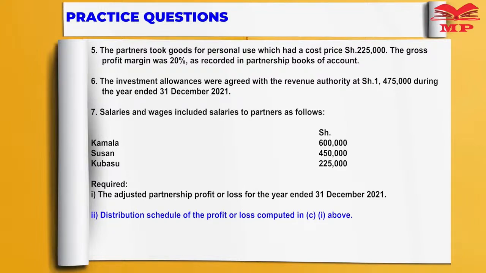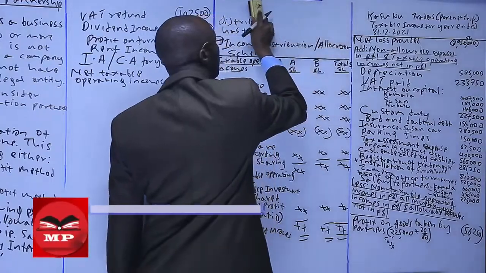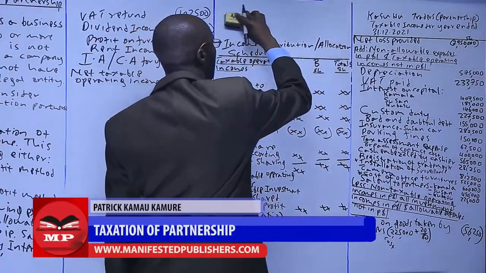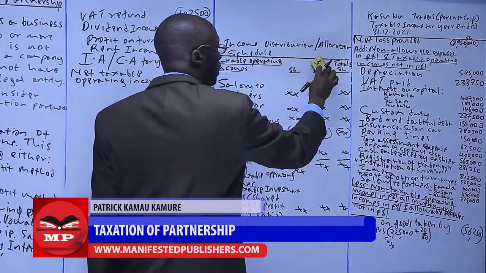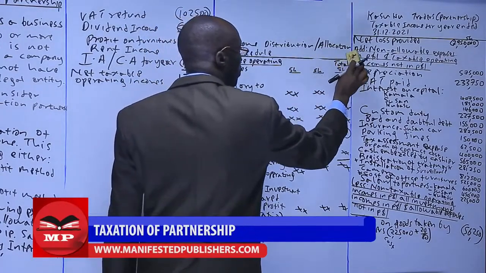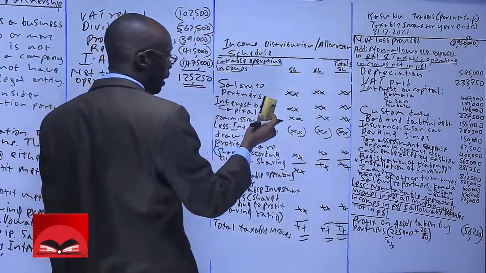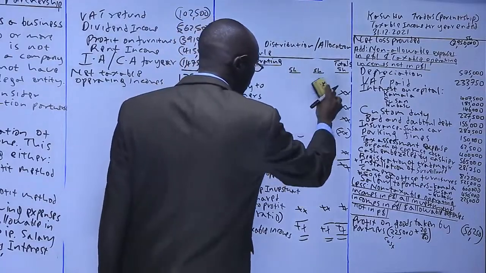So distribution schedule is the way we had said. So we'll come and now distribute whatever we have determined. So I'll delete just part of this. And then I'll also change the names here because they are two. And then I'll also change this.